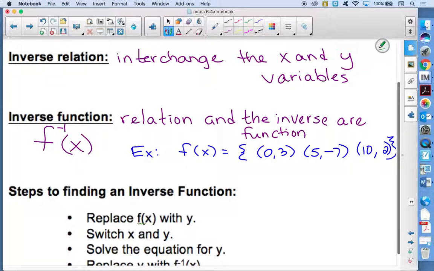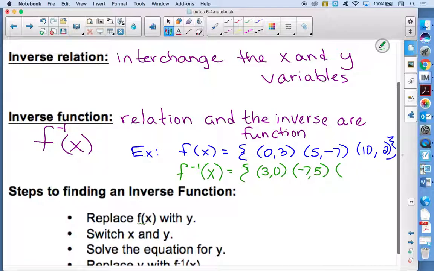How would you find the inverse of that function? How do you think you'd find the inverse? Alex? Make it like 3, 0. And then?